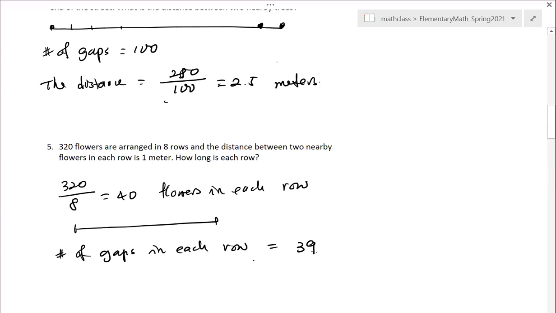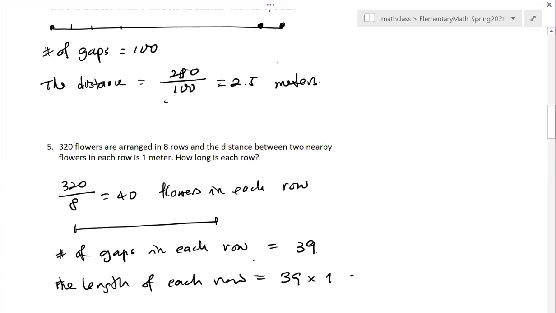Therefore, the length of each row is going to be 39 times the length of the gap.